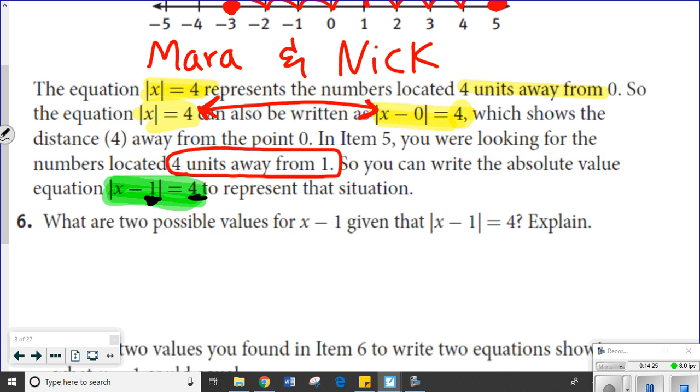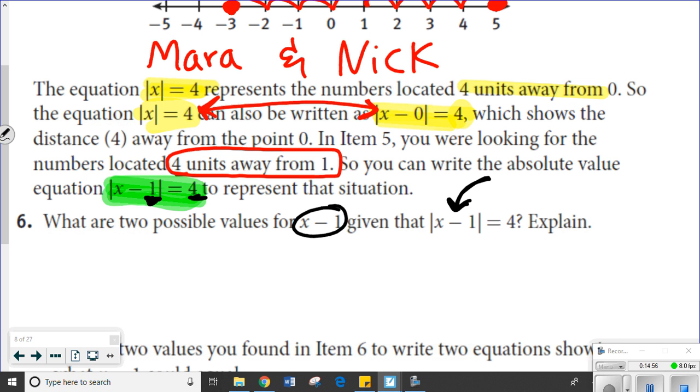All right. Number 6. What are 2 possible values for x minus 1 given that the absolute value of x minus 1 equals 4? So what could I put inside of these absolute value bars to equal 4? Think back to Mara in the example on the previous page.